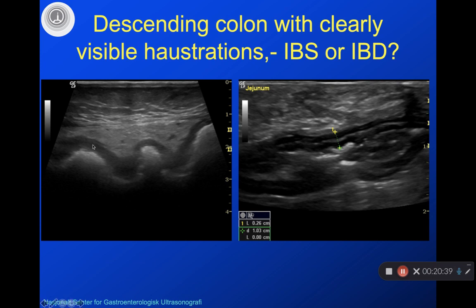This is a fairly normal haustration of the colon, and if you see something like this, you would suspect it is normal. But if you then in the same patient observe the jejunum with increased wall thickness, then you can suspect an IBD, which this patient had.